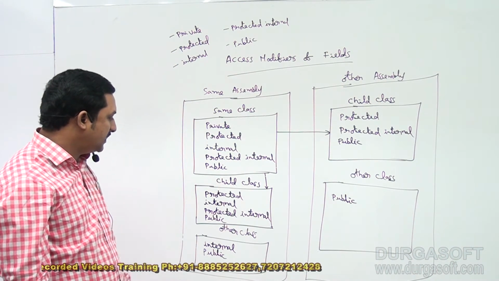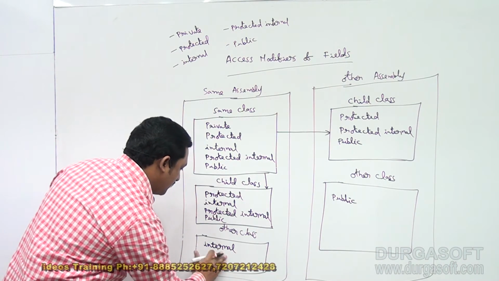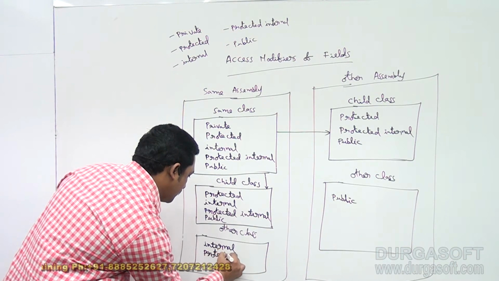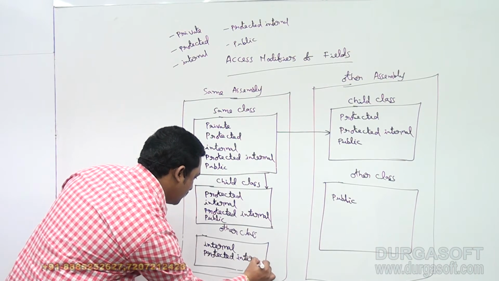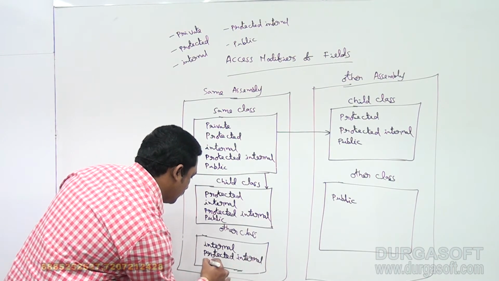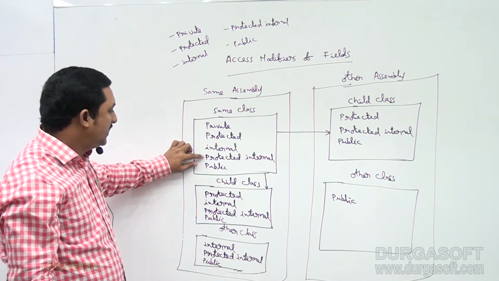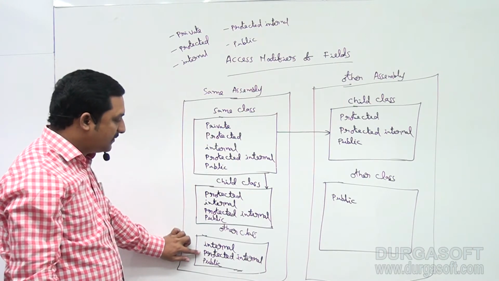Sorry, here protected internal is missing actually. Okay, protected internal is accessible in the same class and in the child class of the same assembly, other class of the same assembly.